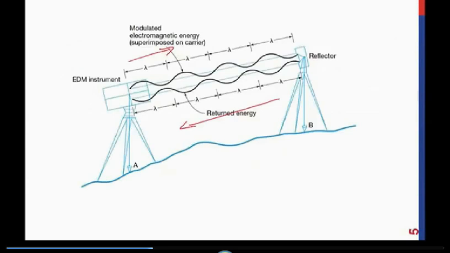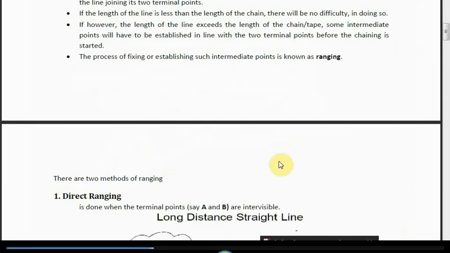So this is the basic principle of electronic distance measurement. We'll move to the next topic, that is ranging.